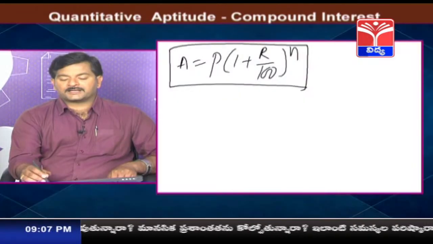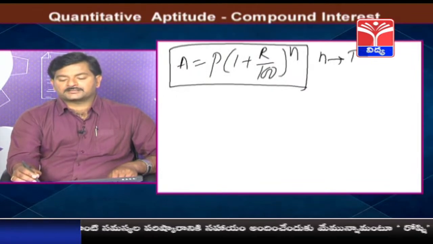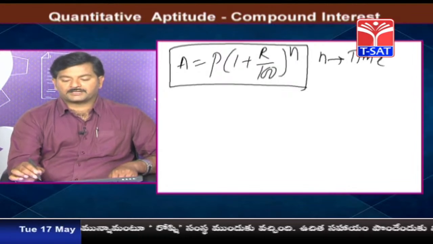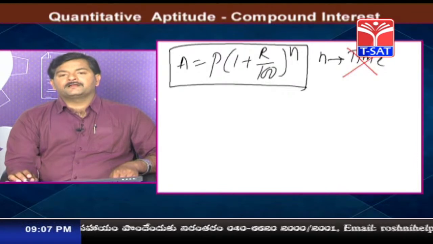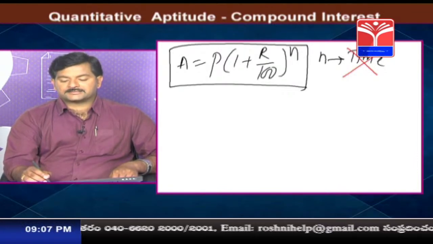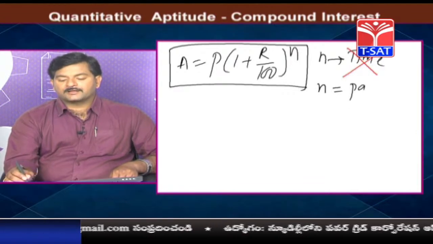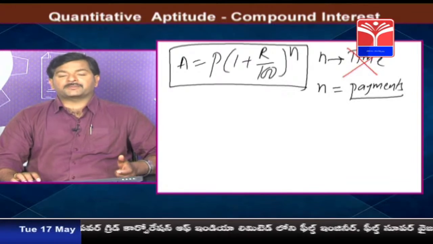Remember, here N is not time. Usually everybody will think that N means time, but remember, N is not time. Here N is nothing but the number of periodic payments. What does it mean?